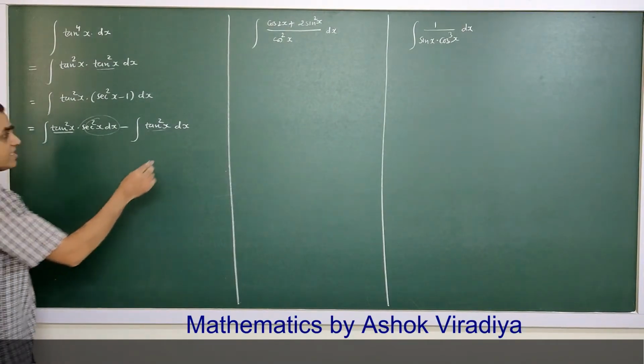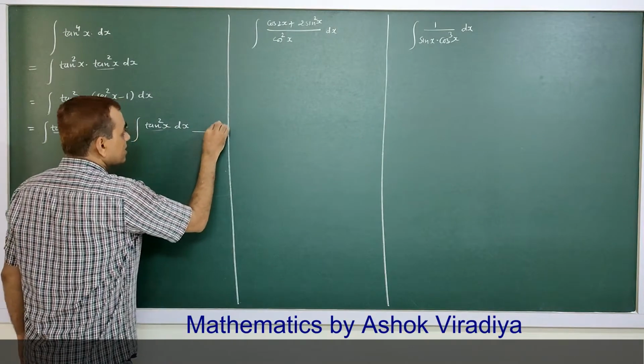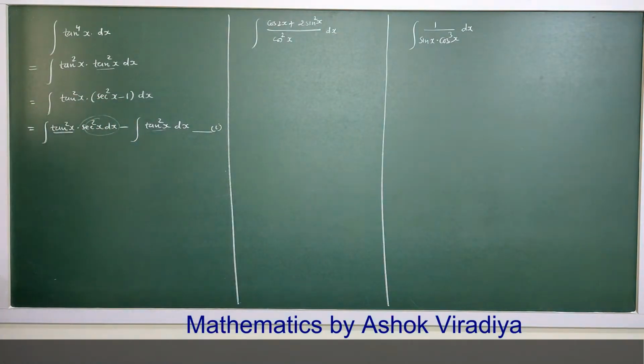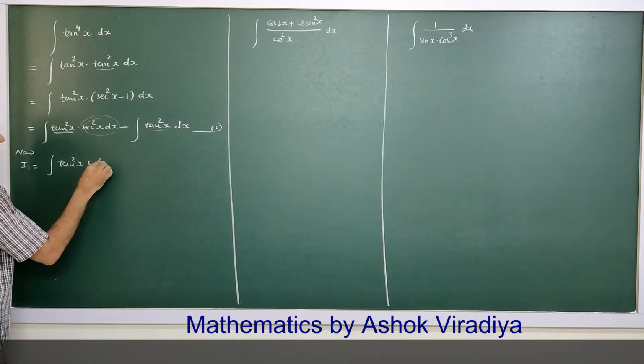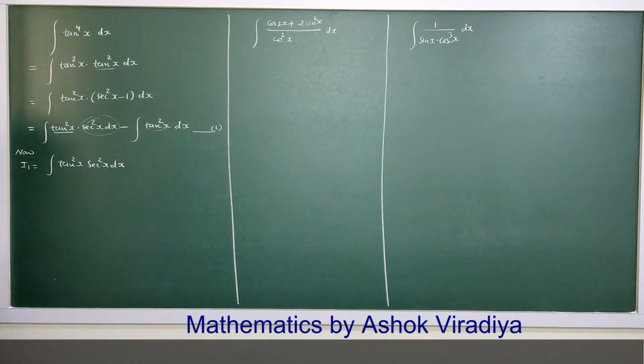So let me say this is result 1. In this result 1 we are taking this term as I1. I1 is equal to integral of tan square x into sec square x dx. Take tan x equal to t.